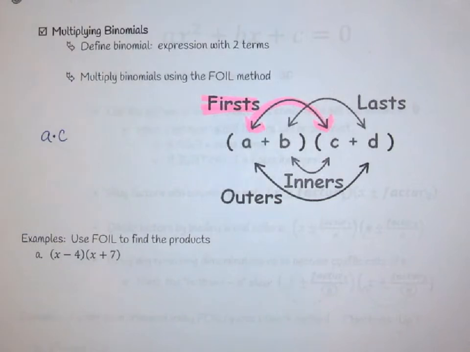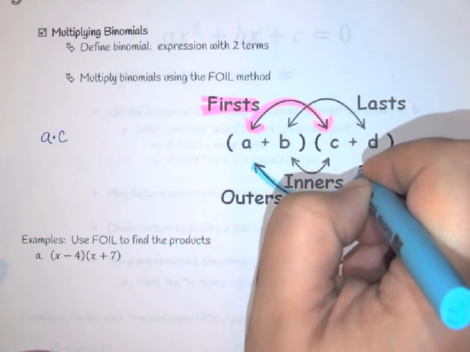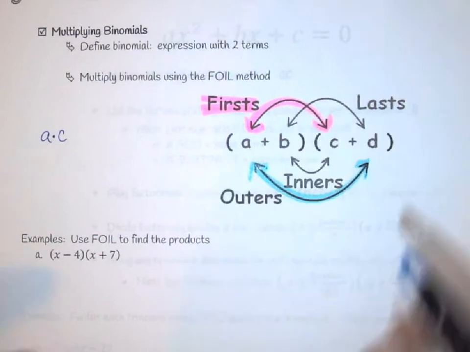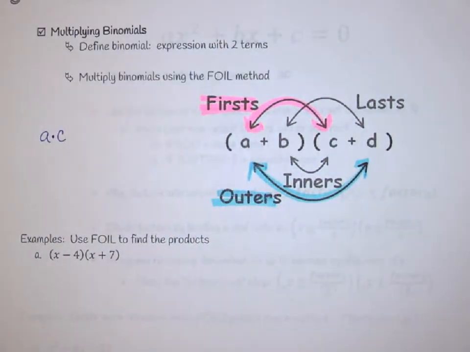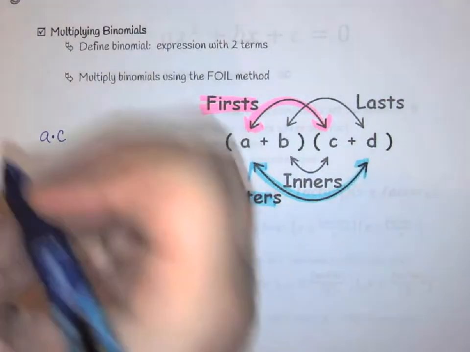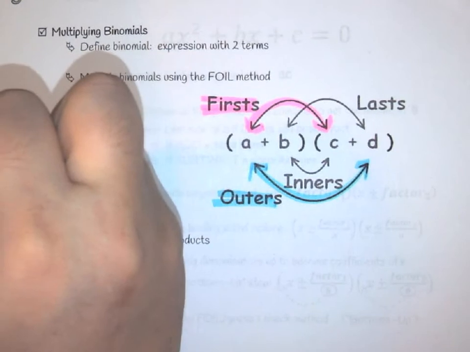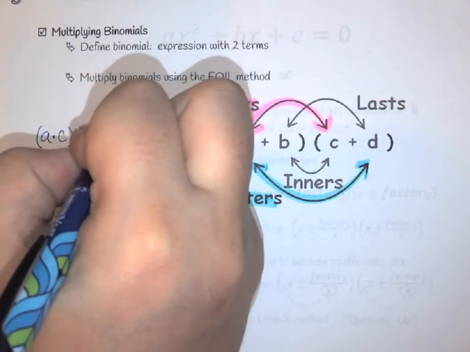The outer means your outer two terms. So it would be these right here, the outermost terms of your binomials. This is going to make up your outer piece. So here, if you notice, this is going to be A and D. So we have to add that to my A times D.